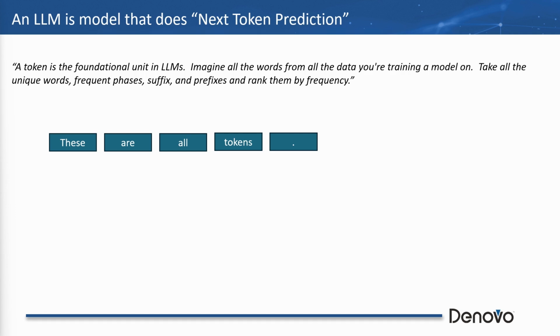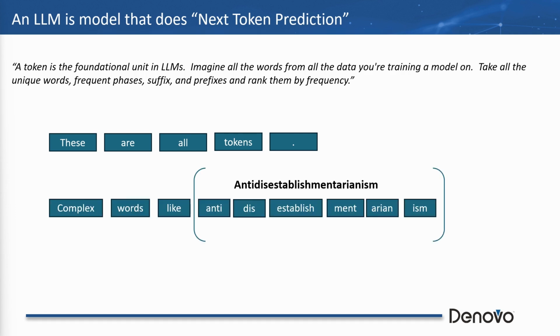All of these are tokens. For really big, uncommon words that you'll see very infrequently, it's probably not going to be a token within that large language model. So in that case, it's going to break it up into several different tokens it has and try to piece the meaning of that together.